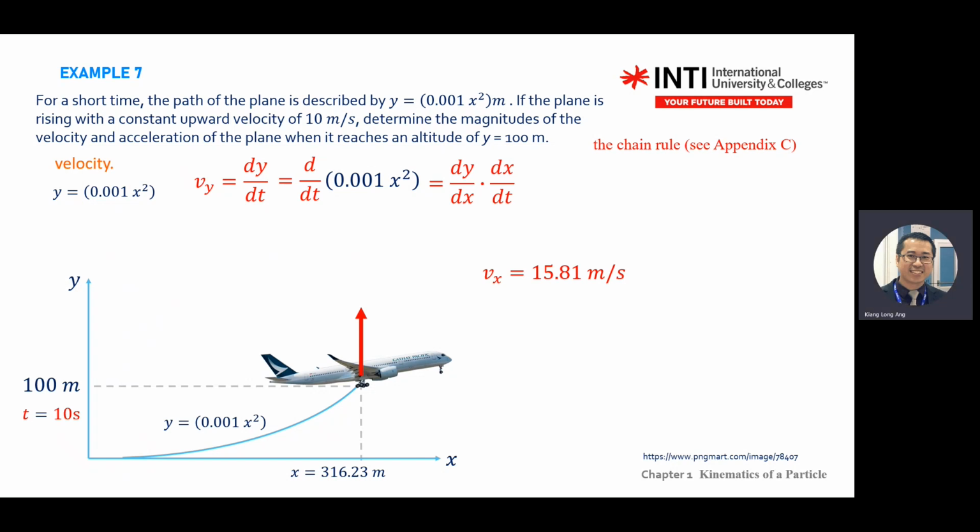Before that, you understand dy/dt equals this, right? You need to break this equation using the chain rule. You can write dy/dt as dy/dx times dx/dt. It's the chain rule that you learned in your differentiation chapter.